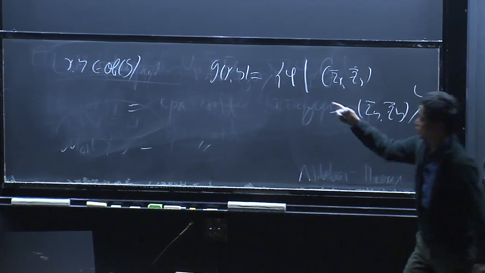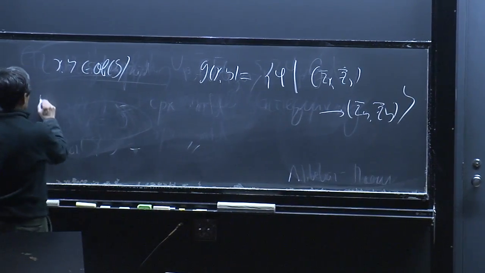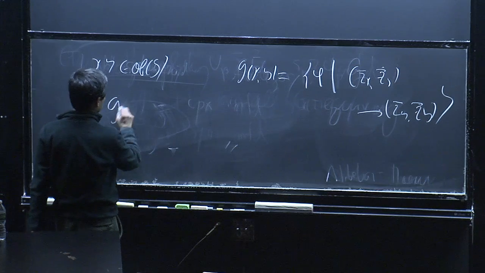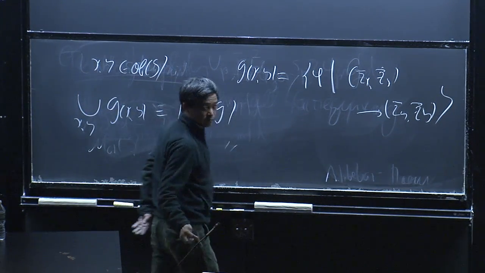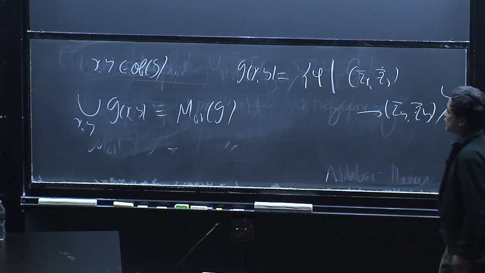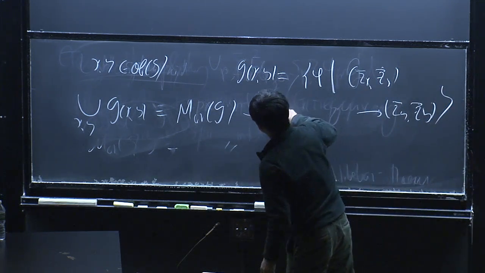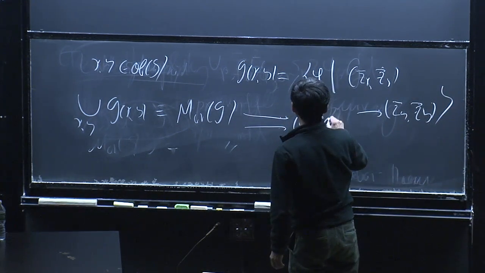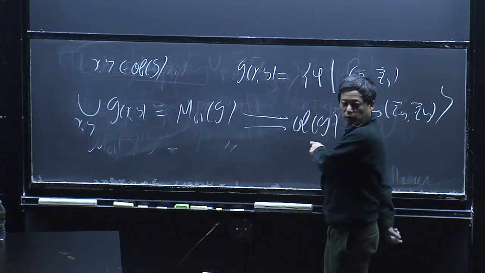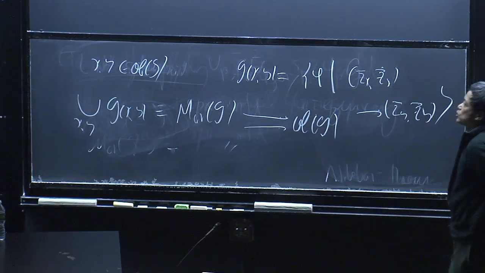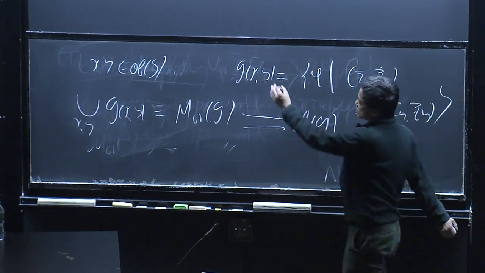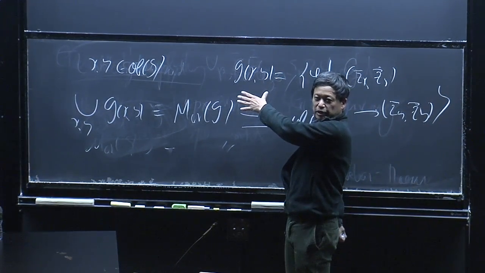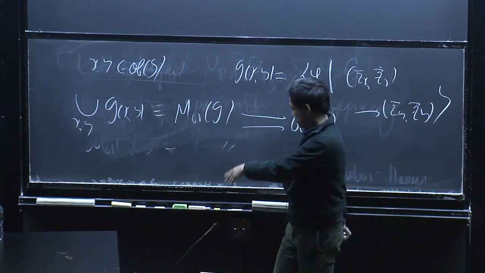We take the union of G(x,y), and this is the morphism set of our G. And we have a natural map which goes to objects of Z. It just assigns x and y. What is interesting is that, first of all, this G behaves very badly when you move x and y. So how does it behave?